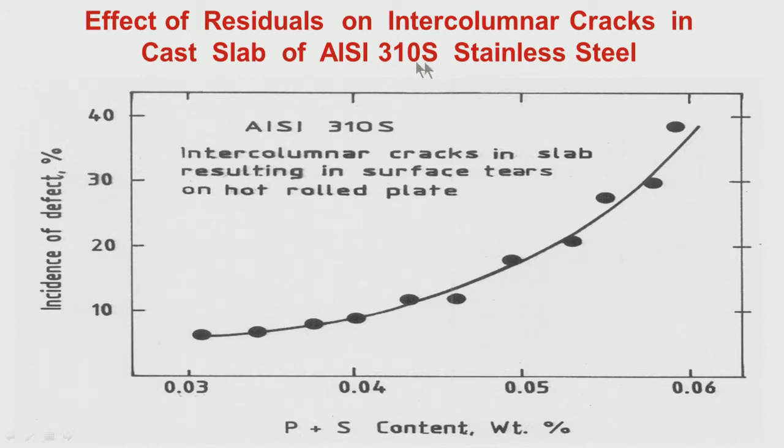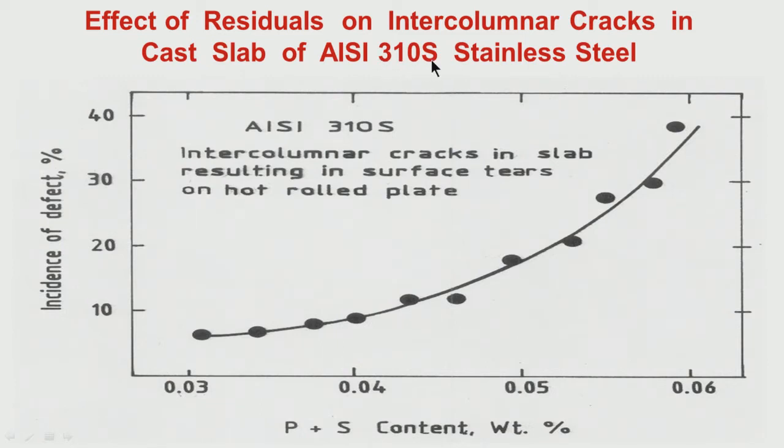I will come to another defect for another type of stainless steel, say AISI 310S. I have mentioned to you that this particular grade has austenitic solidification, like with high carbon equivalent, beyond say 0.5, you have only austenitic solidification.